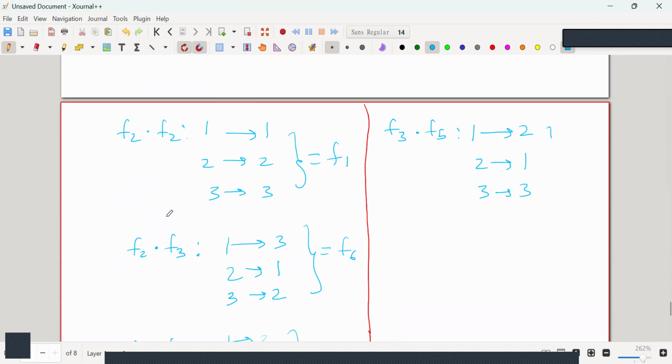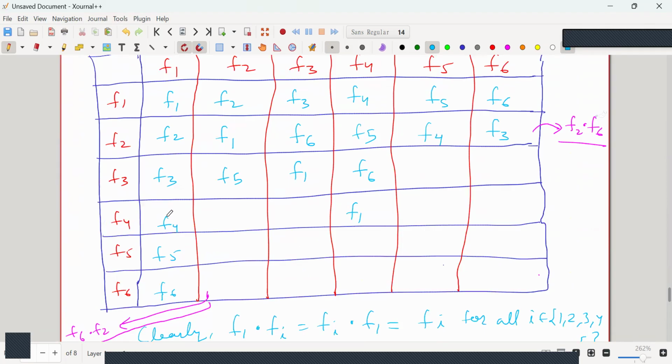So this is F2. So similarly, we can obtain other also. Let me quickly finish this. So we have not obtained F4 here. So this one will be F4.